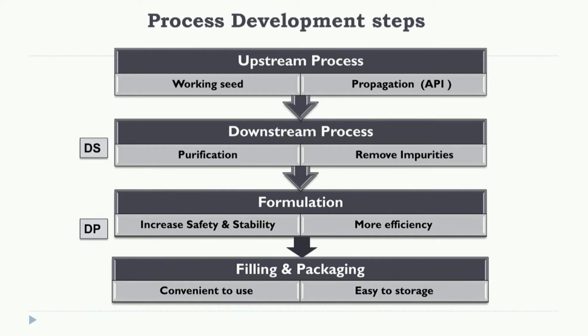Formulation, where we add some additives, excipients, stabilizers to increase safety and stability of product, make it more efficient. Final filling and packaging, which is convenient to use and easy to store.